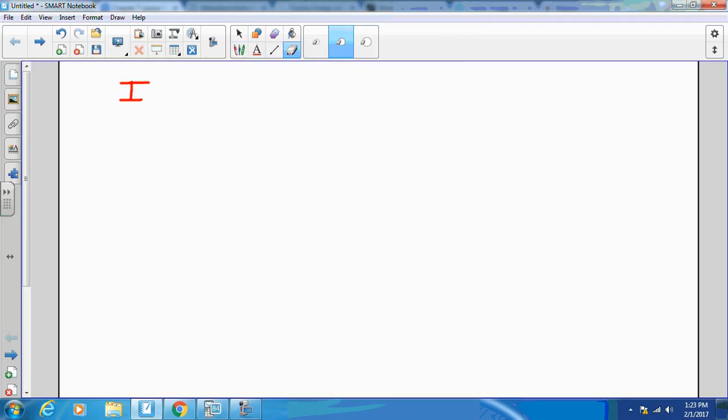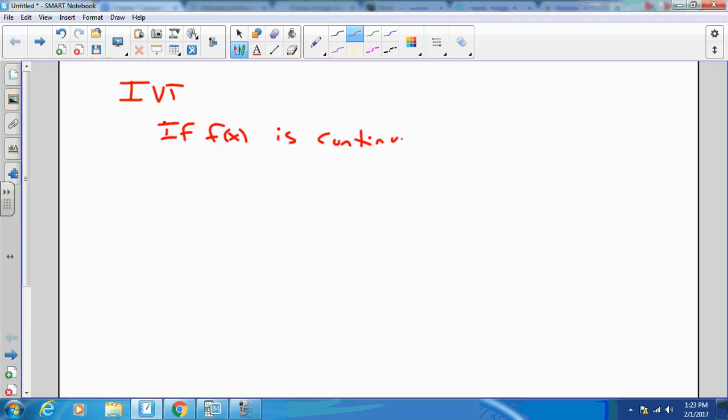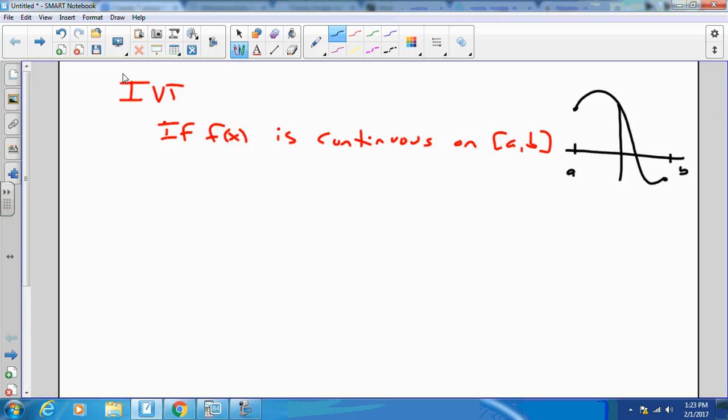The intermediate value theorem has as its condition that f of x is continuous on the closed and bounded interval a to b.